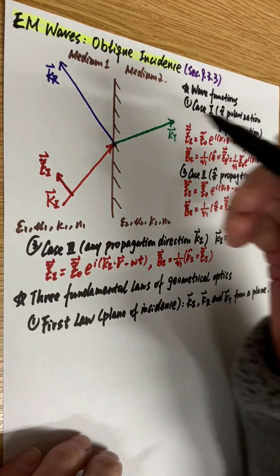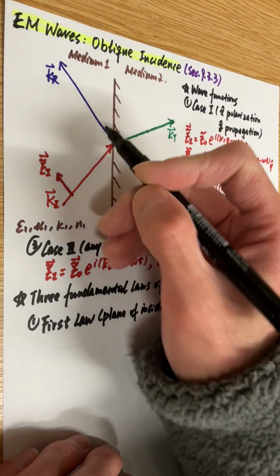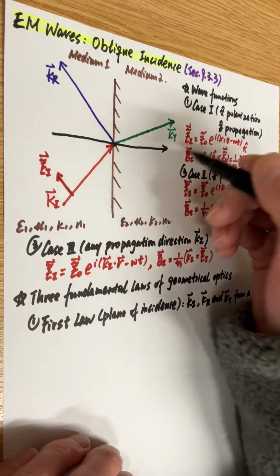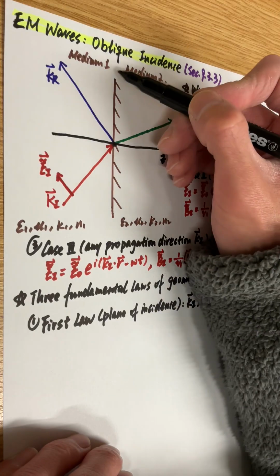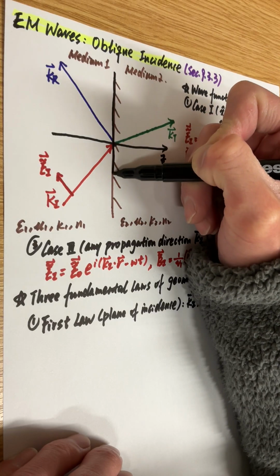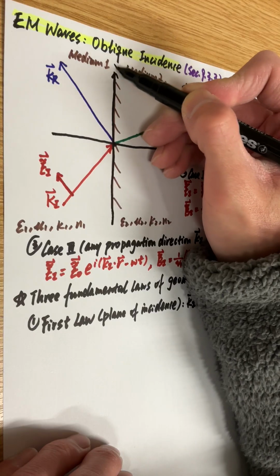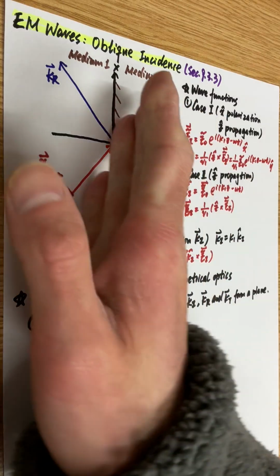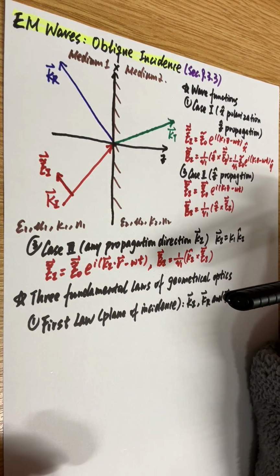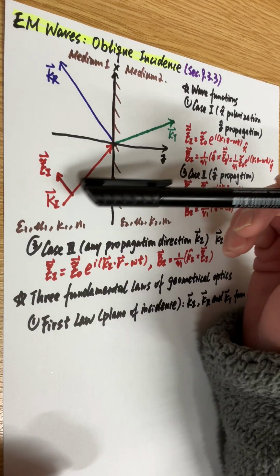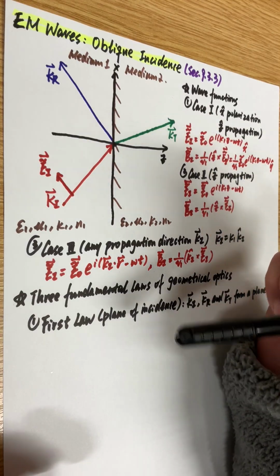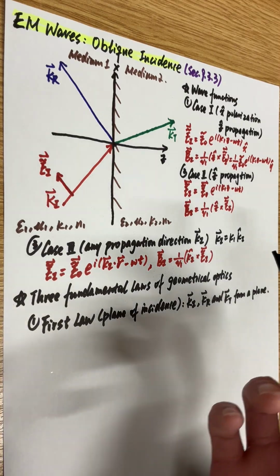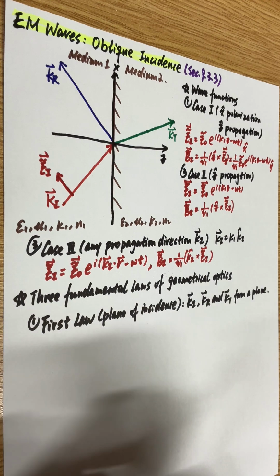For the sake of convenience, we normally define the normal to the surface as the z-axis, and the axis along the surface as the x-axis. So roughly, the propagation direction is some phase rotation to the z direction, and the polarization of the electrical field is some phase rotation to the x direction. That's close enough to the coordinate that we are familiar with, especially when we did the normal incidence.